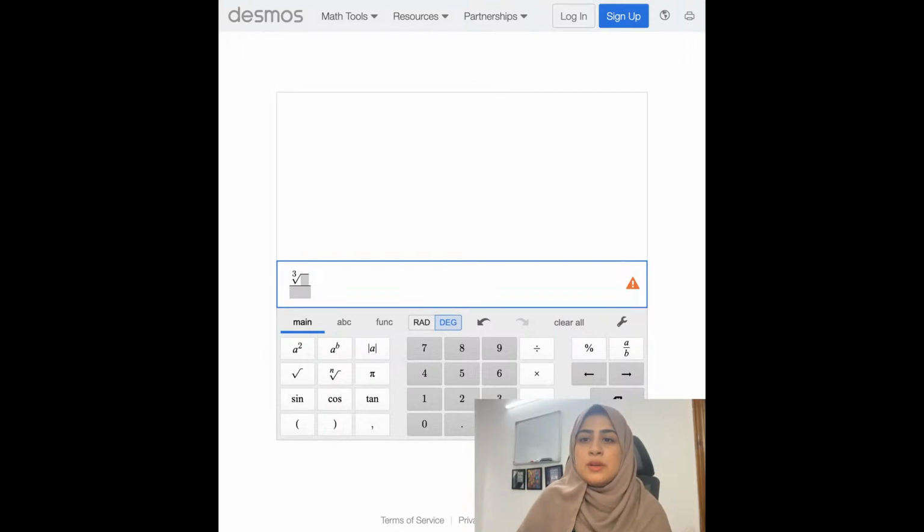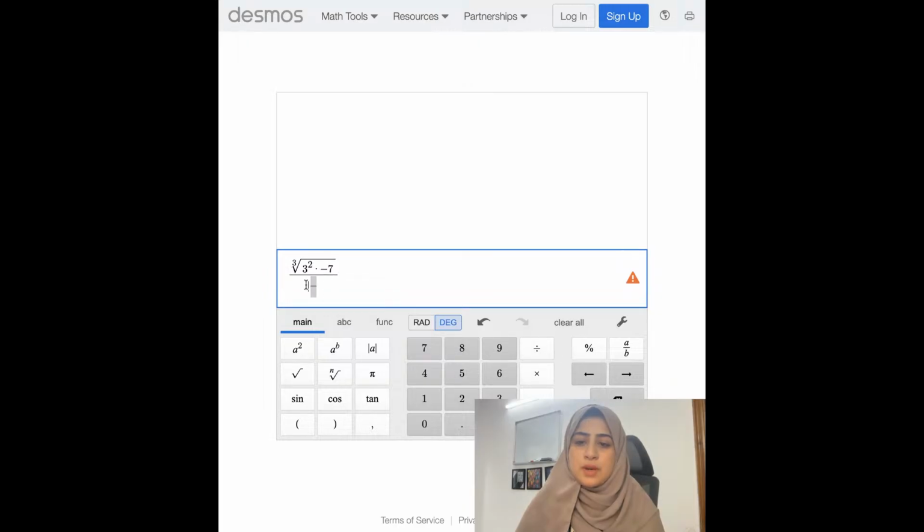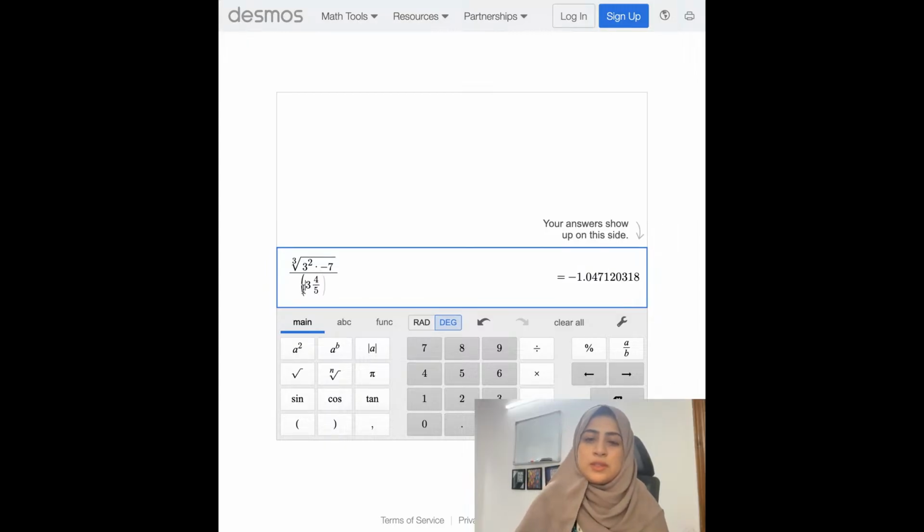And then we are going to do 3 squared, times minus 7. Yeah, this comes up as a dot for the times. And then 3/4 to the power of minus 2. So we could put the divide part, but write 3 on the outside, 4/5, and that all needs to be within the bracket.